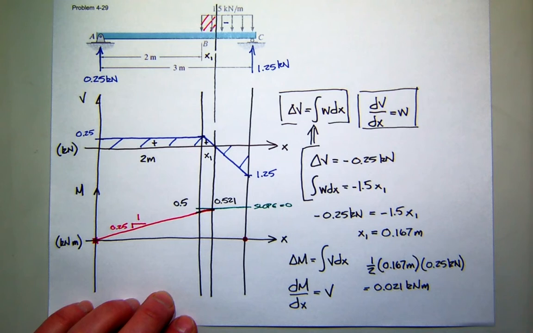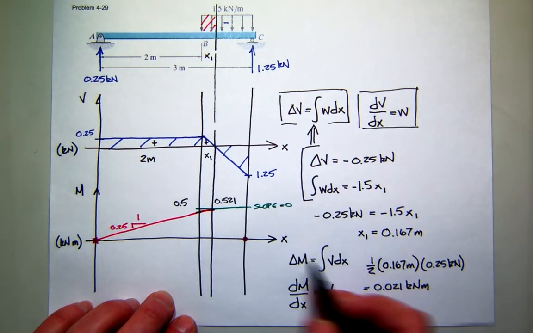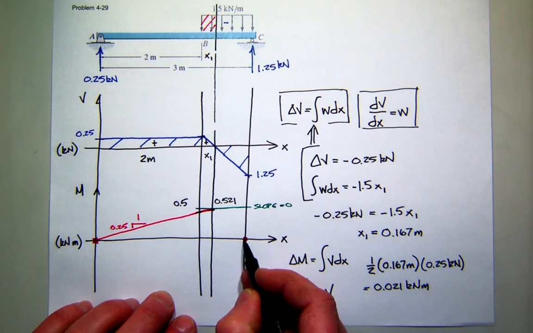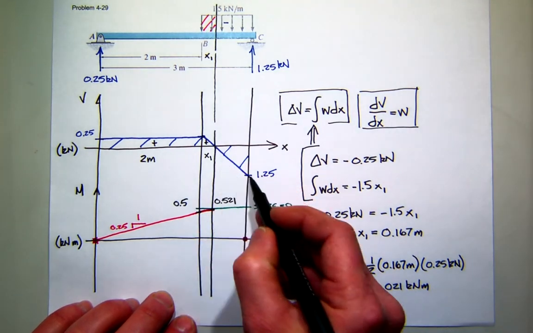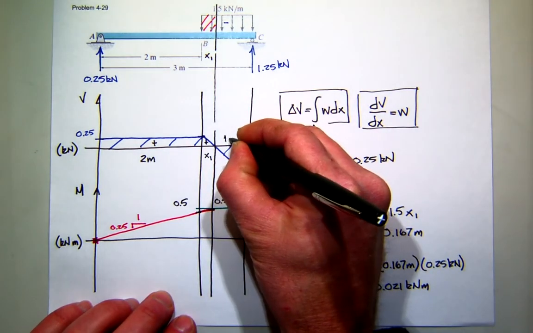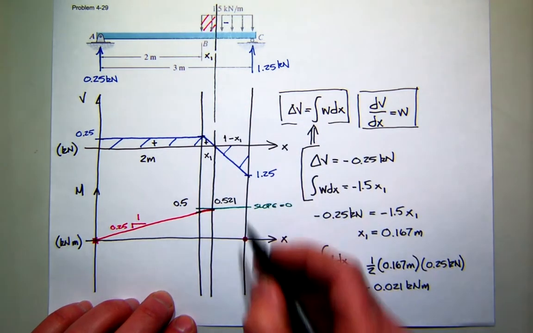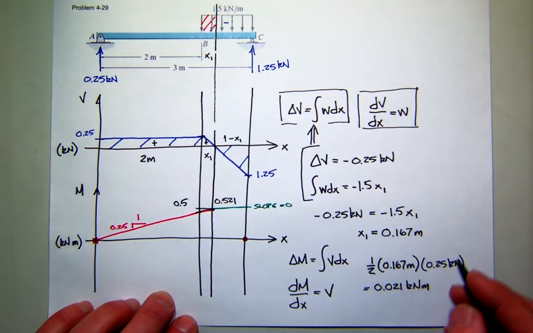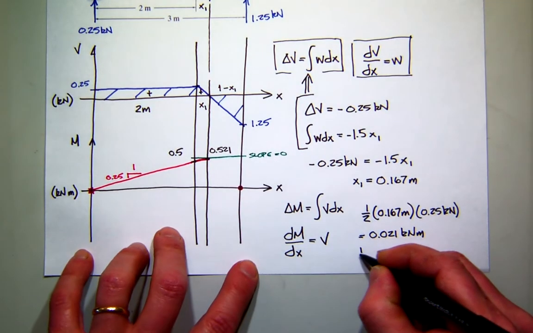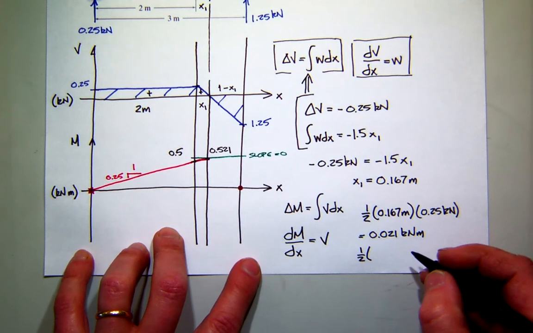Now what happens? Well, now the change in moment, area in the shear diagram, so the change in the moment from this point to the end of the beam should be equal to the area of the curve. So this distance obviously is going to be 1 minus x1, right? Because that total distance was 1. So now the area under this part of the curve, I'm running out of space on my page, would be 1/2 base, which is 1 minus x1. What was x1?